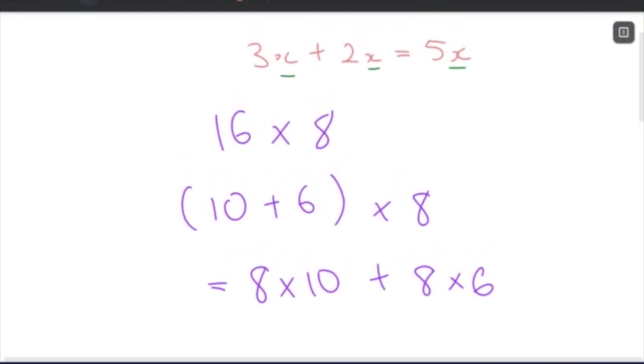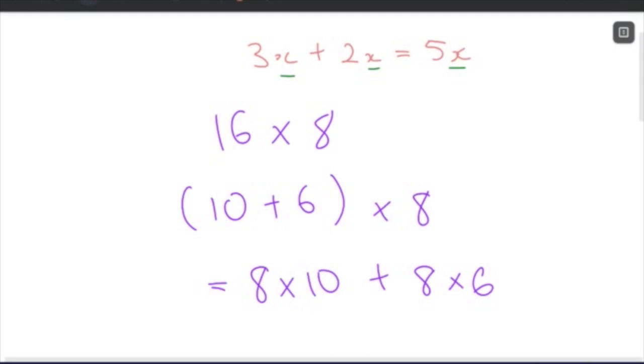We will notice that both of my expressions have a common factor of 8. 8 is multiplying by each of these numbers. And that is the same as these two pronumerals here.